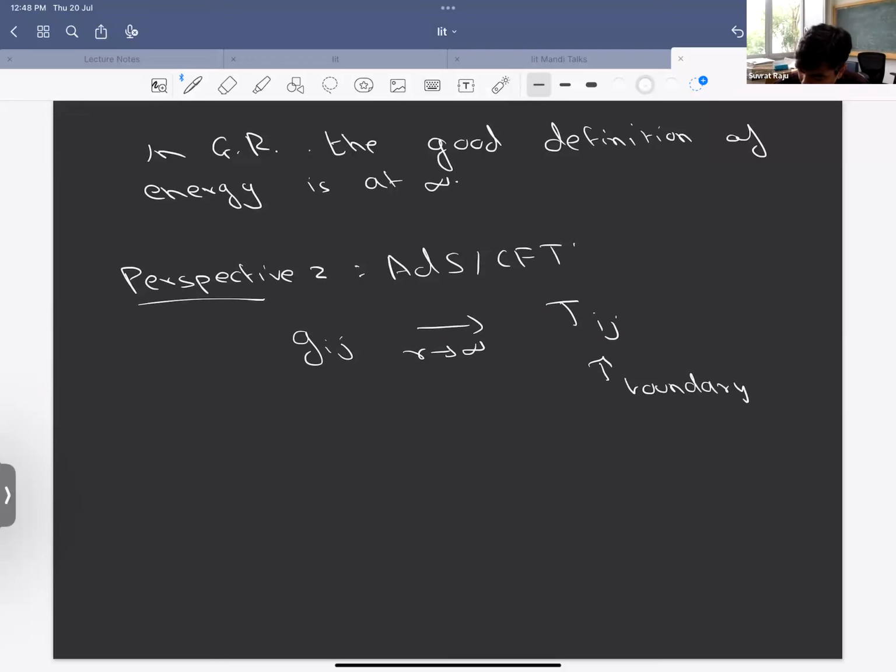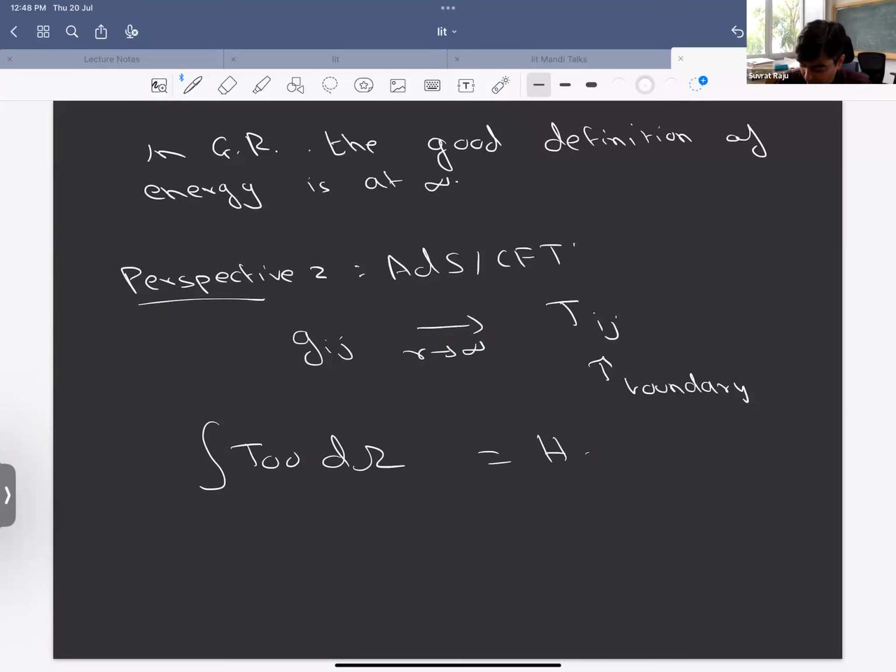And these i's and j's are boundary coordinates. So in particular, one of the components of the stress tensor that you get by considering the boundary limit of G00 is just T00. And if you integrate T00 on the sphere, you get the Hamiltonian. So even in examples where we understand how quantum gravity works, the Hamiltonian is indeed a boundary term.